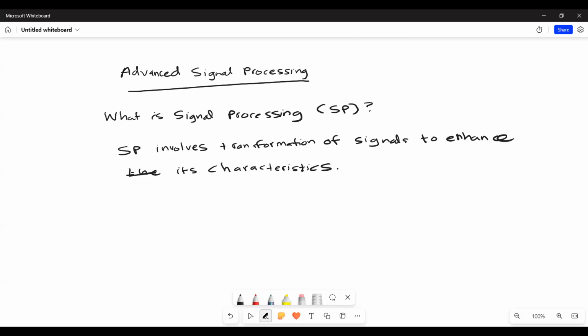So signal processing is transforming a certain signal to enhance its characteristics.